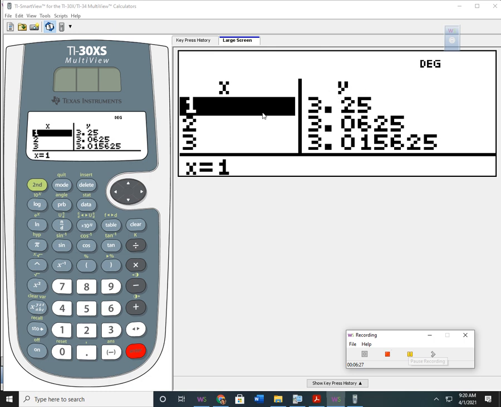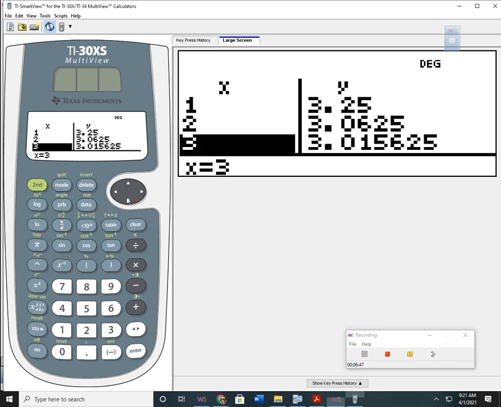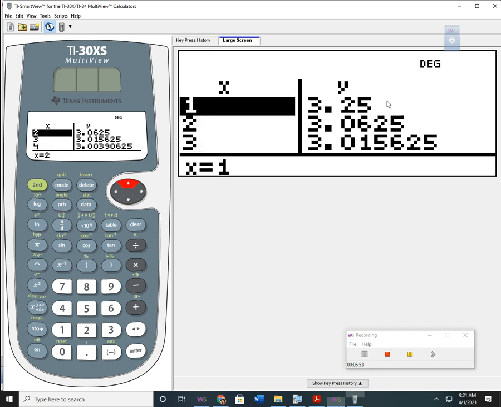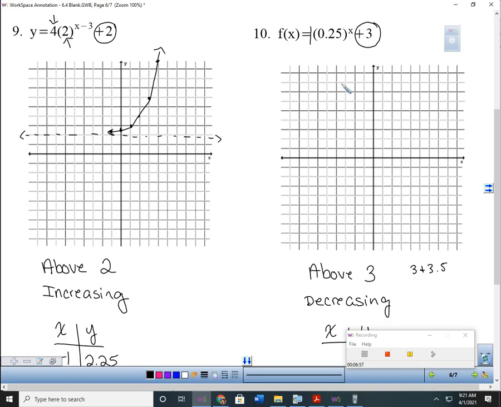So 3.25, this actually started us at a really good spot. So 3.25, and then if you look at this though, do you see how these are actually getting closer and closer to 3 if you go this direction? So this is actually going to be the last point that we use because if you think about it, we said we were above and decreasing, which means we would look like this, right?